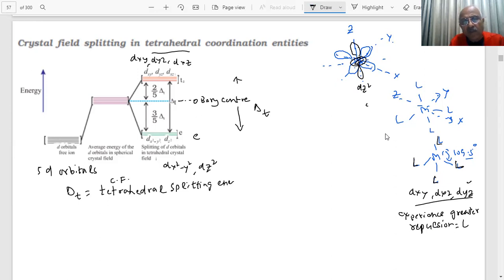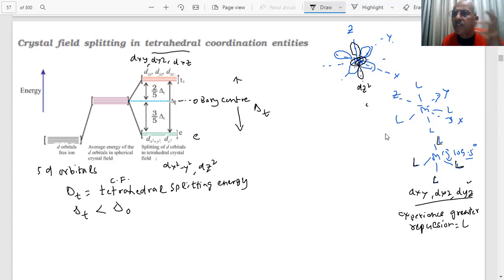This value is always going to be smaller than delta O. Why? This question was asked in the paper. The tetrahedral field splitting is very small compared to octahedral because, first of all, there are only 4 ligands, not 6.